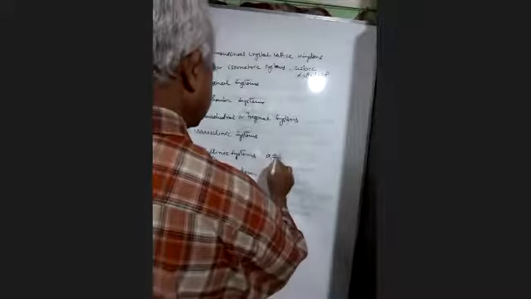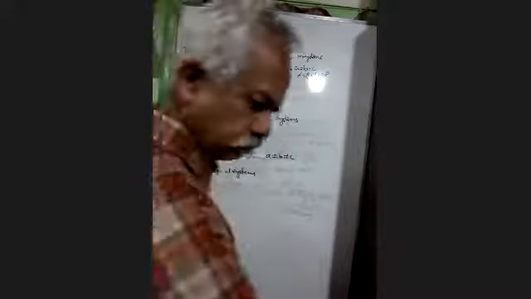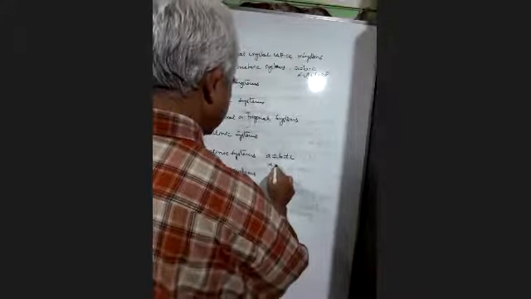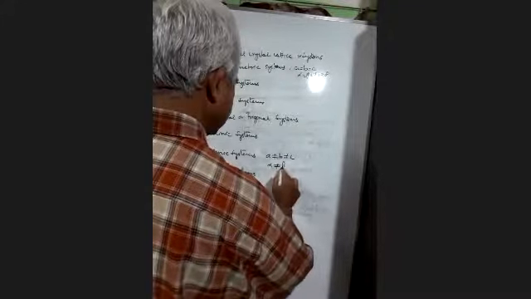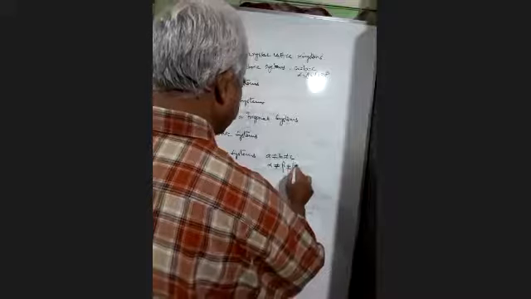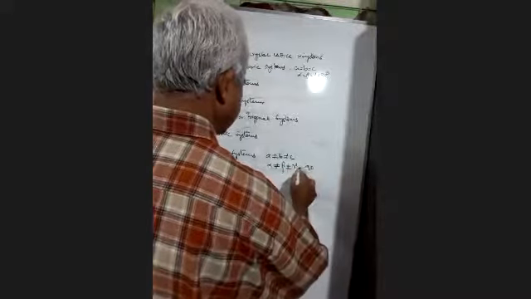A is not equal to B, not equal to C. And alpha is not equal to beta, not equal to gamma, not equal to 90. This is right. After that, we will write.